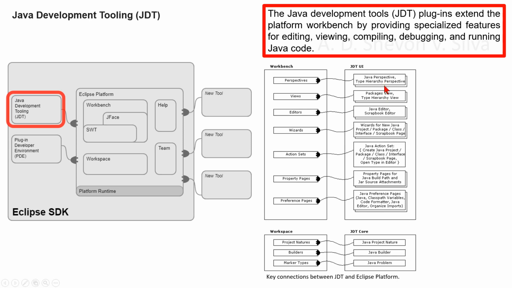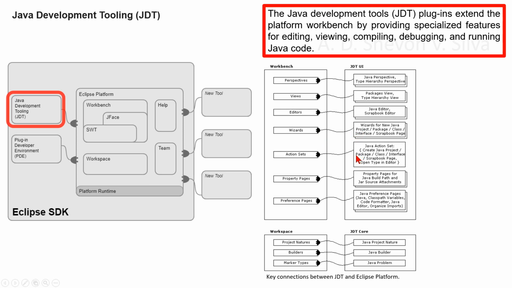Java perspective and type hierarchy perspective plug into perspectives. Packages view and type hierarchy view are connected to views. Java editor and scrapbook editor are connected to editors. Wizards for new Java project, package, class, interface, scrapbook page are connected to wizards.